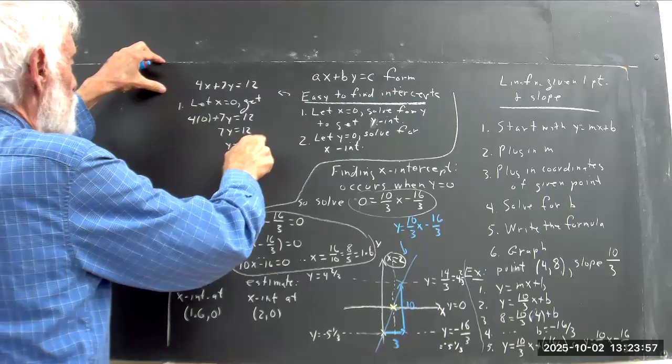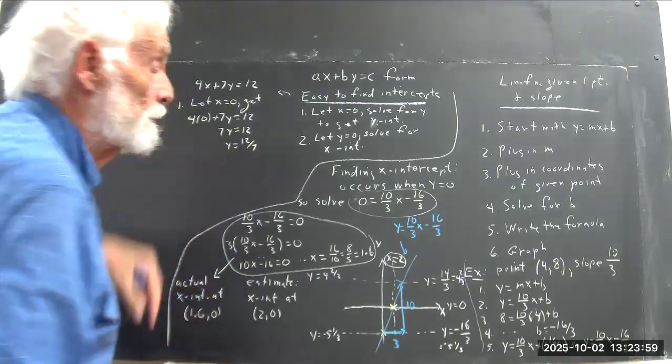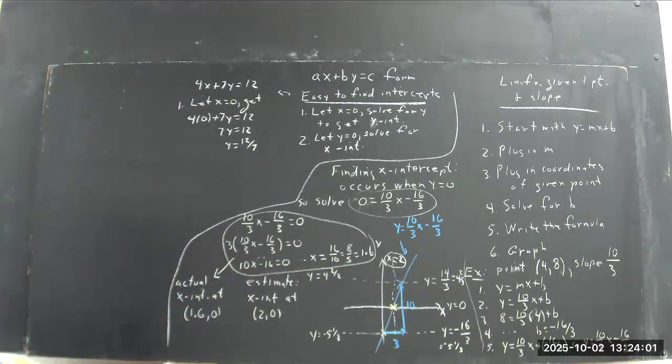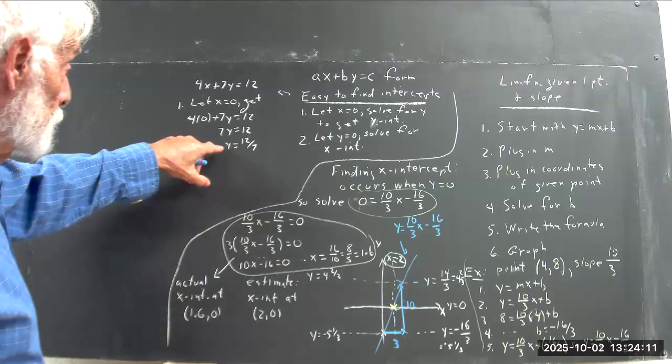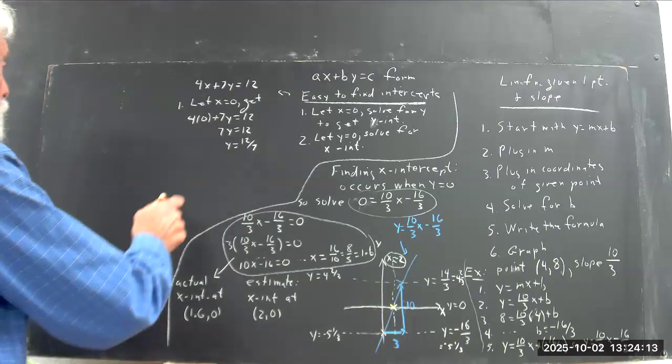I'm not writing the steps out, but you should write the steps out, because you have to keep reinforcing the steps so you know how to solve linear equations. Sometimes you've got to solve them in symbols, so you've got to know how to do the steps. Anyhow, you get y equals 12/7.